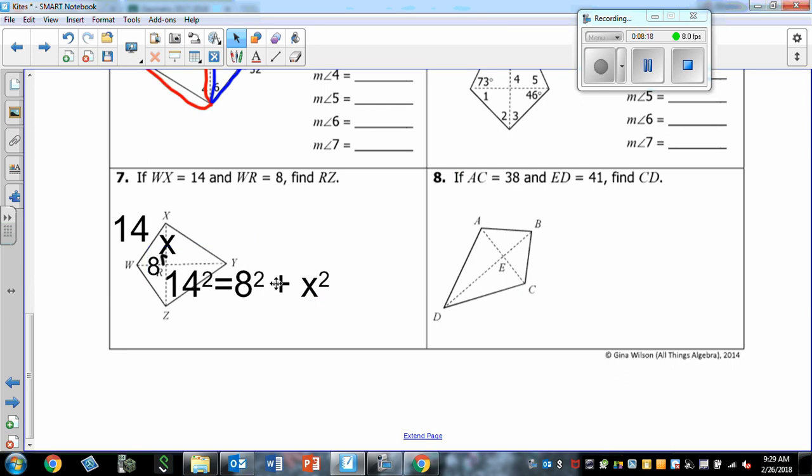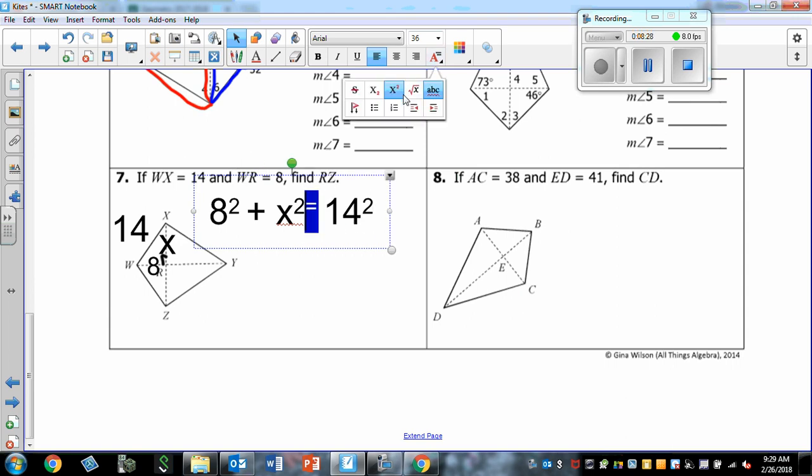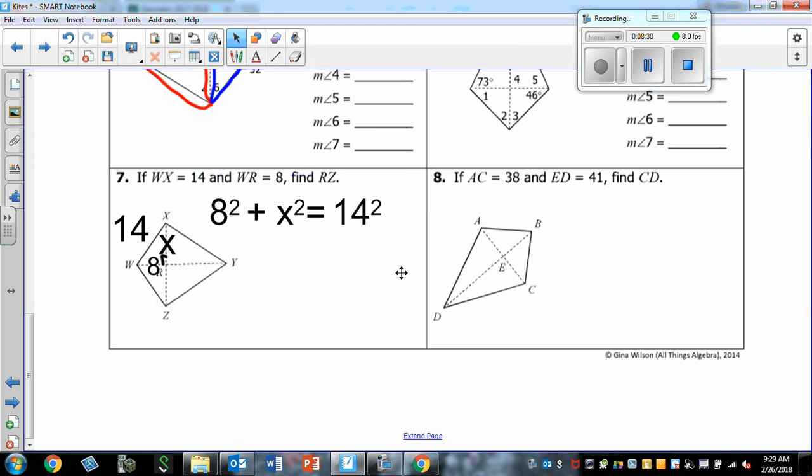So Pythagorean theorem, I'm going to move the 14 squared to the other side. But you can solve. If it breaks down, great. If it doesn't, leave it as a root.